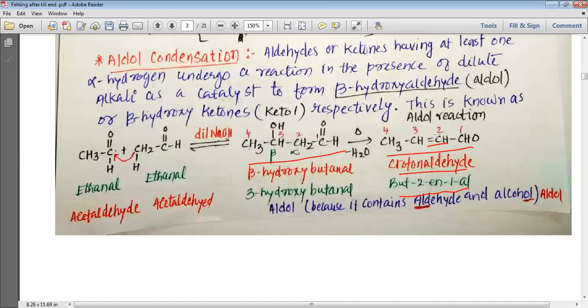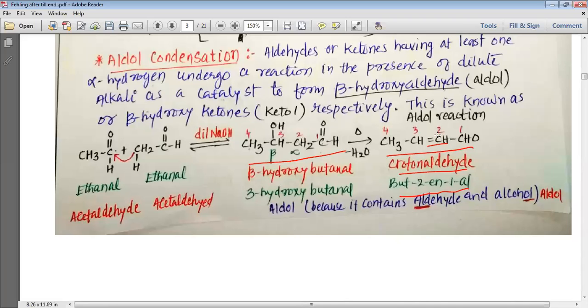Once again, my dear students, when two aldehydes or two ketones react with each other, they produce beta hydroxy compounds. On heating, this beta hydroxy compound, which contains both aldehyde as well as hydroxyl group, undergoes removal of a water molecule, or condenses itself by removing the water molecule, into the alkenal.